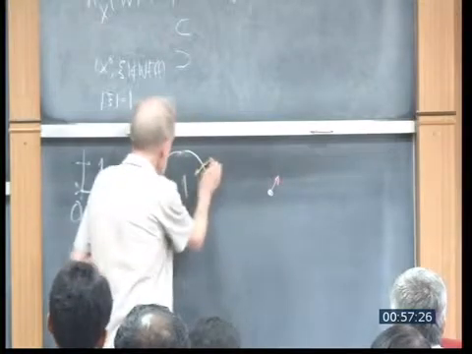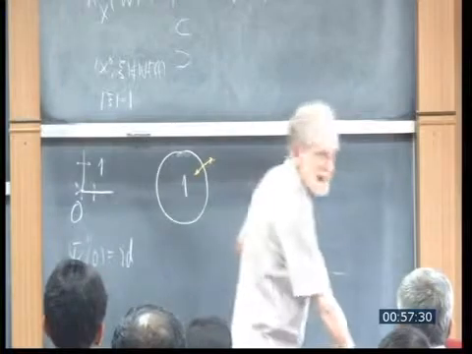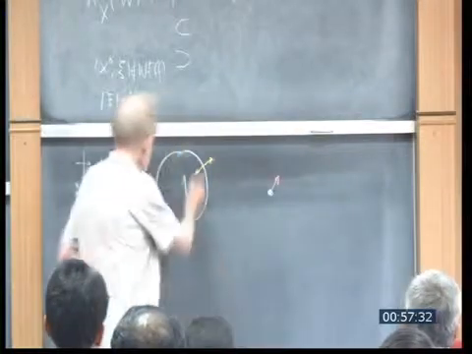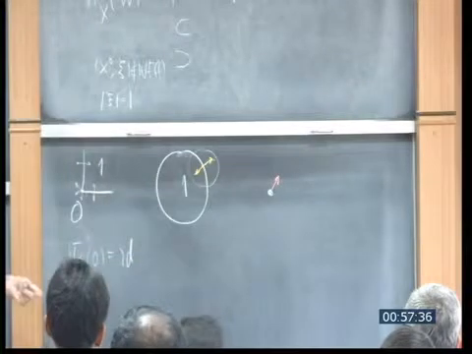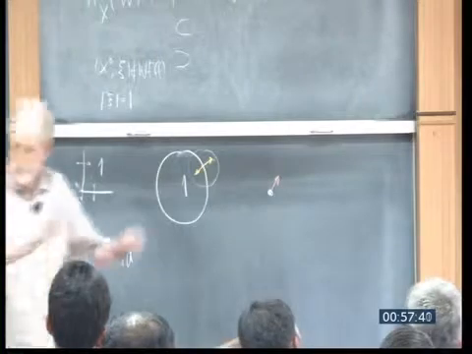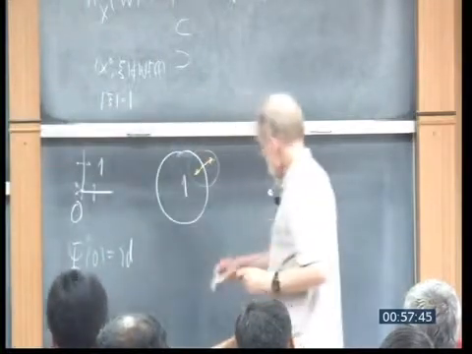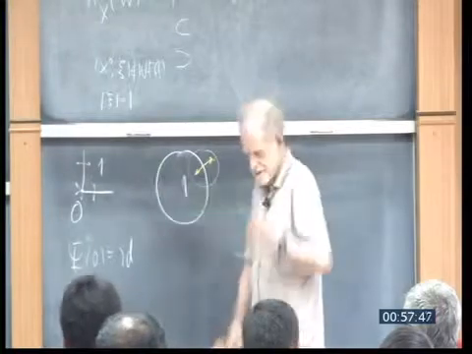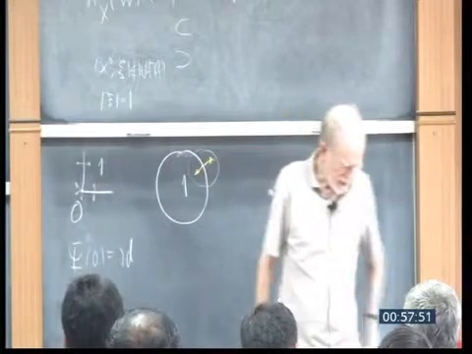Because the problem is a completely local one, so it's enough to study a little neighborhood like that, and in such a neighborhood we can make a diffeomorphism so we can straighten out the boundary, so it becomes, for instance, the x1 axis.